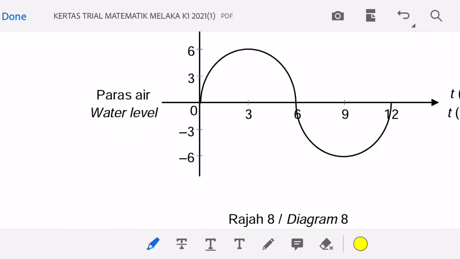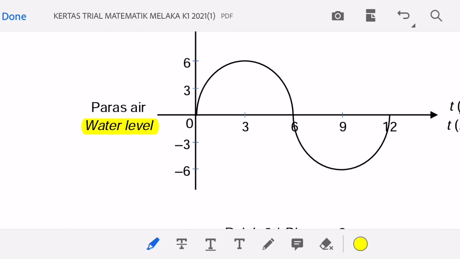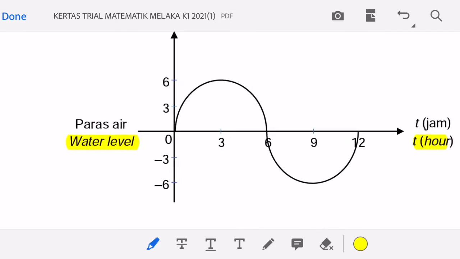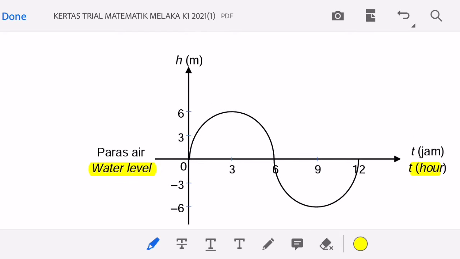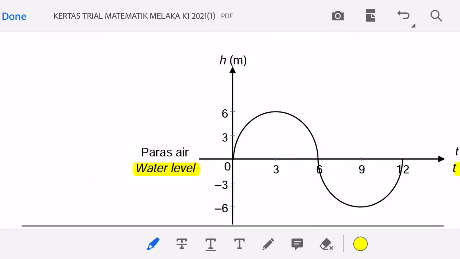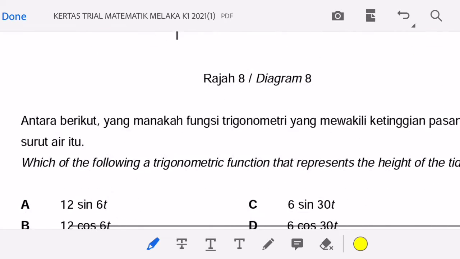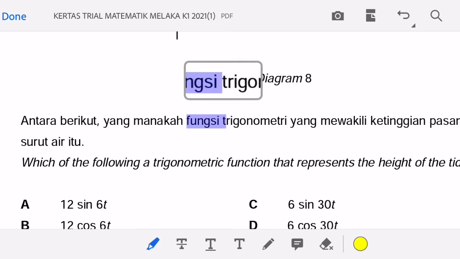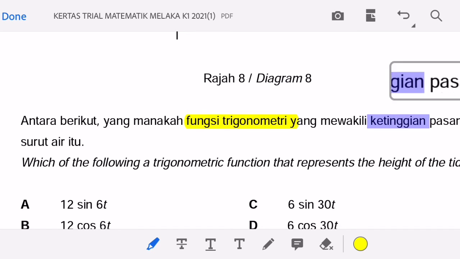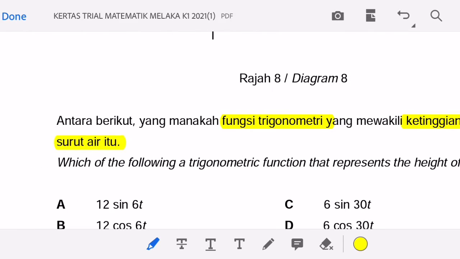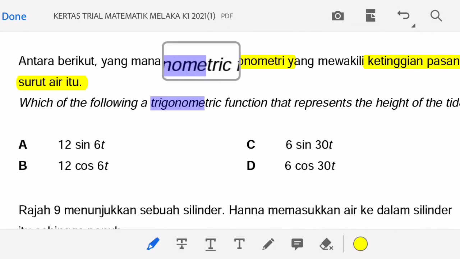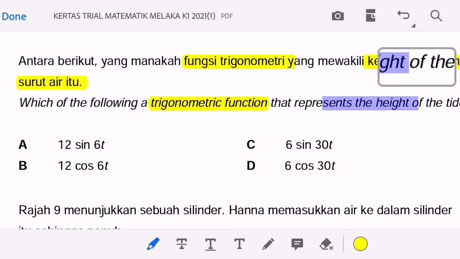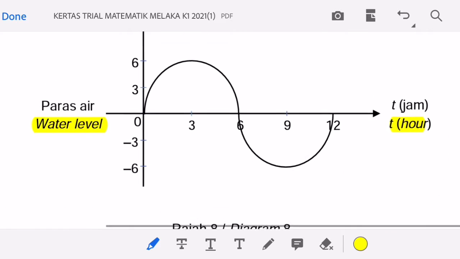So let's see, we have the water level and we have the times in hour. So we apply the sine to the tide. Antara yang berikut, manakah merupakan fungsi trigonometrik yang mewakili ketinggian pasang surut air itu? Which of the following trigonometric functions represents the height of the tide? The height is here.